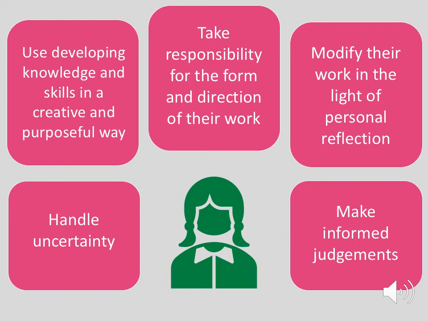And how do they handle that? Does that sometimes mean that they pull back on the complexity of the design, or they push forward and maybe go out to seek to find some new knowledge for themselves and develop their skills? But all the time they're handling that uncertainty, that they don't know everything about the context. But that's what we need to be looking for when we're thinking about children's design and technology capability.